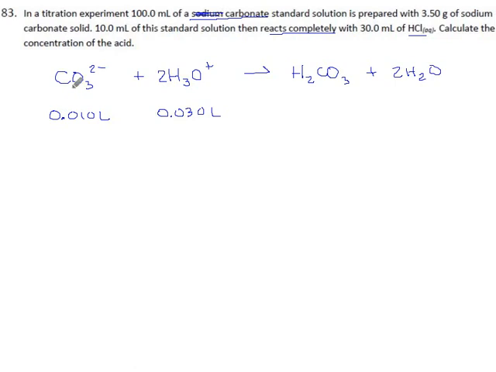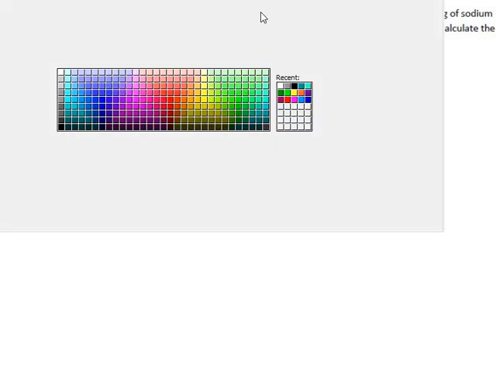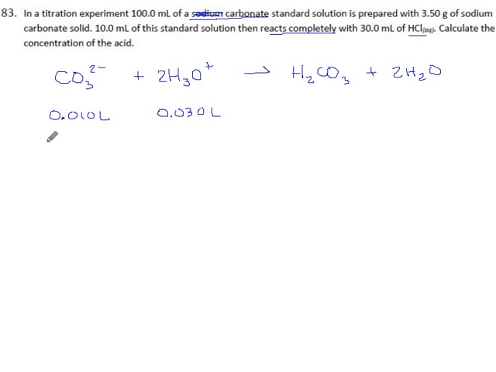And we need a concentration, and they said we had one for the carbonate, but we kind of don't, except that we do. They've given us its mass. They said they started with 3.5 grams of sodium carbonate solid, so we have to do a little side trip here, unfortunately.